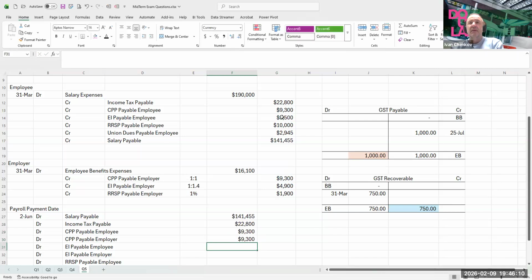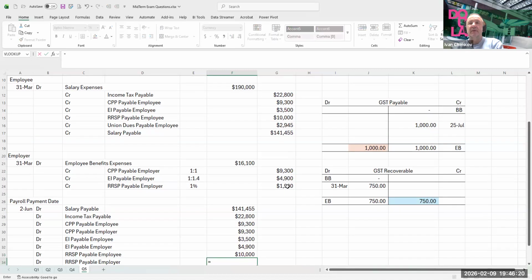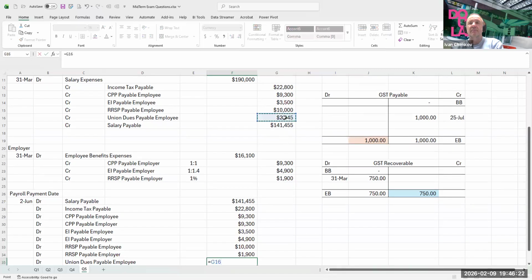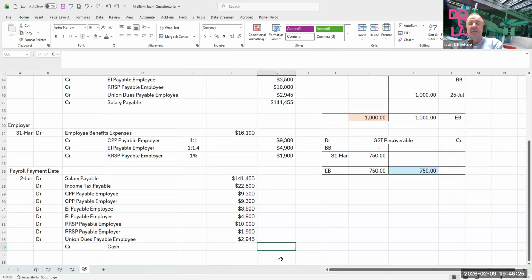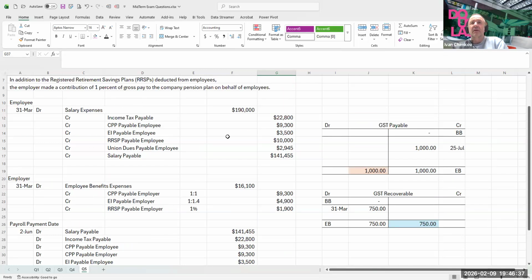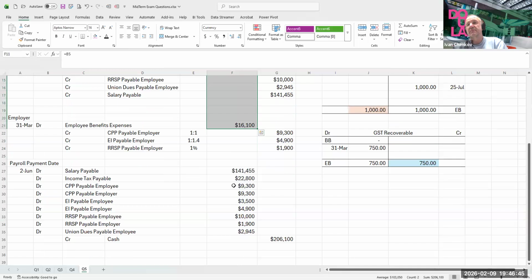Employment insurance for the employer, employment insurance for the employee, RSP for the employee, RSP for the employer, and union dues. So the total cash that the employer has to pay is going to be equal to all those together. 206,100. Let's see if the gross pay plus the employee benefits expenses is the same amount. Magically, it's exactly the same amount.